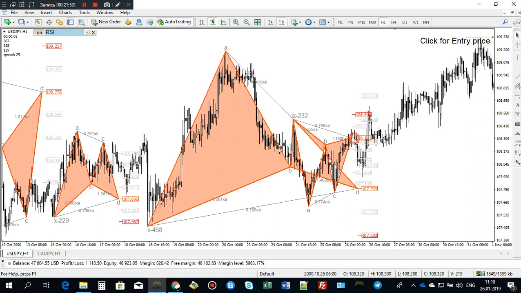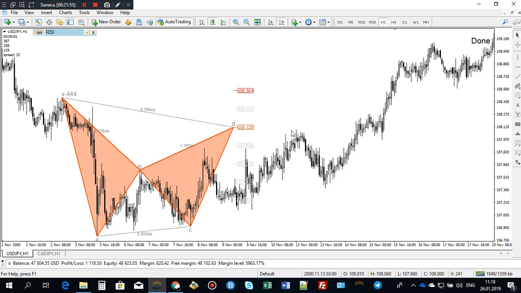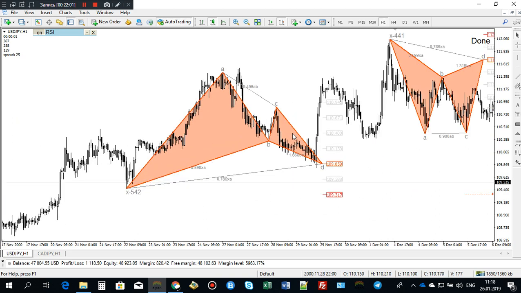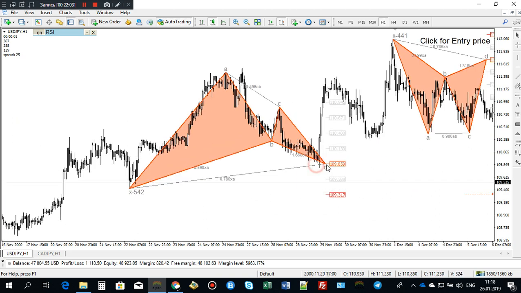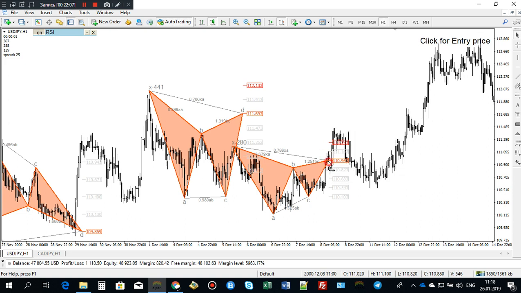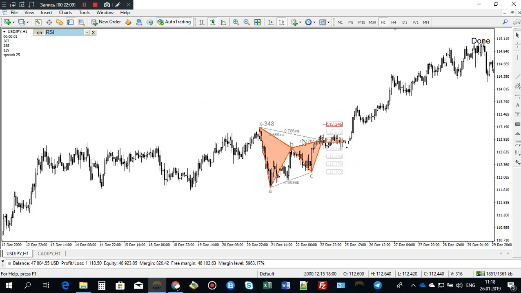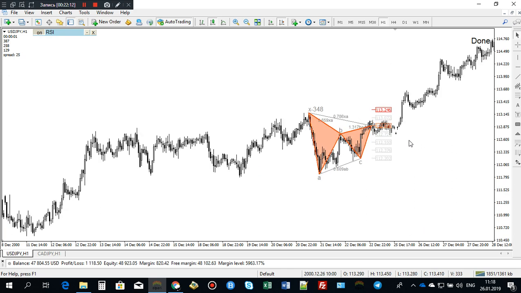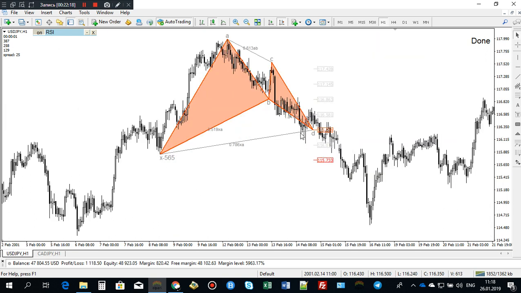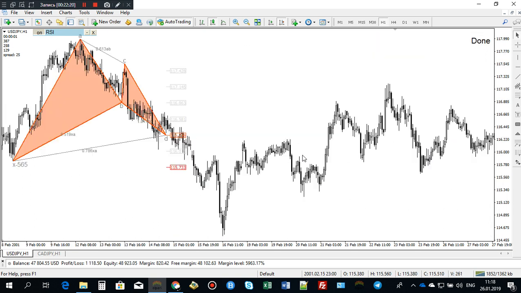Again, time price win. And what we have here, time price loss, it is a loss. Here, time price win. Going next, time price loss. This one is a time price loss. Going further, this is time price loss.